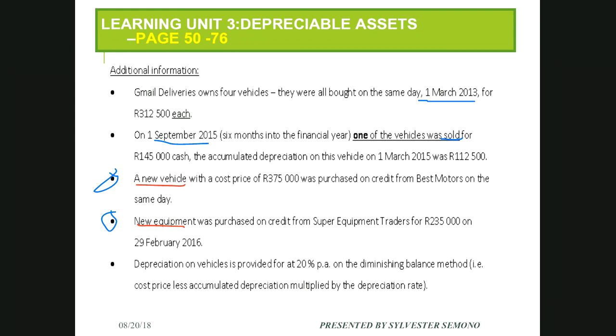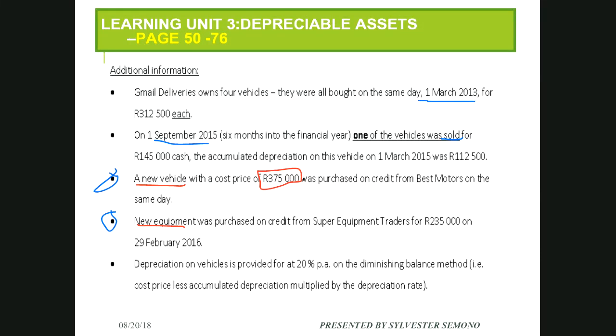in our vehicle account. Who can tell me, under which side of the vehicle account must I record? On the debit. What will be the contra account, because you bought it on credit? Creditors control.